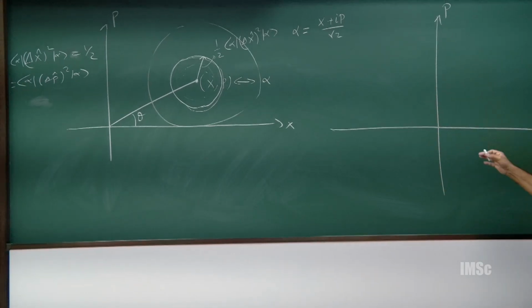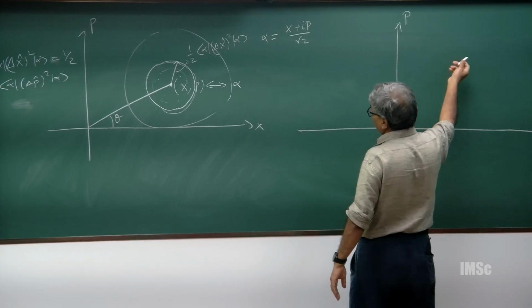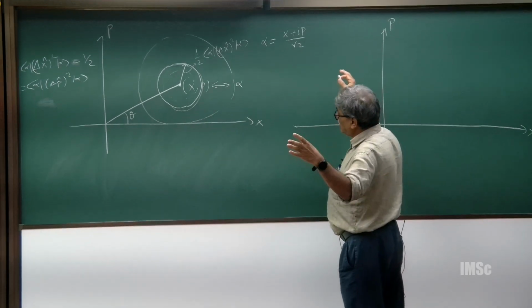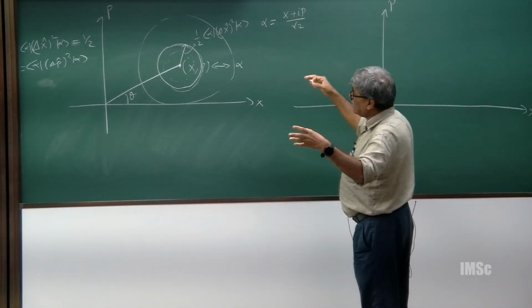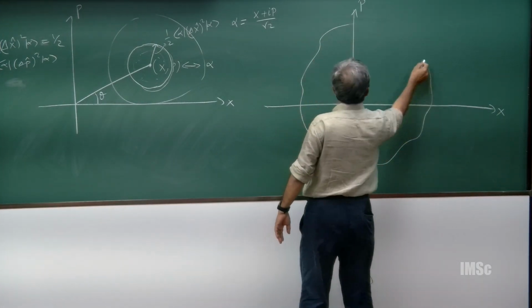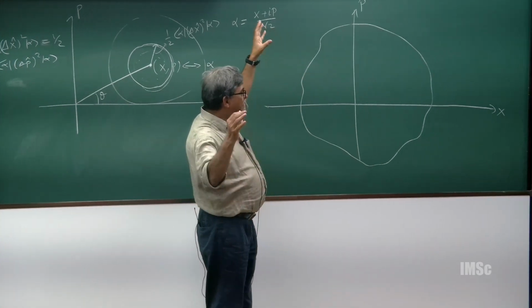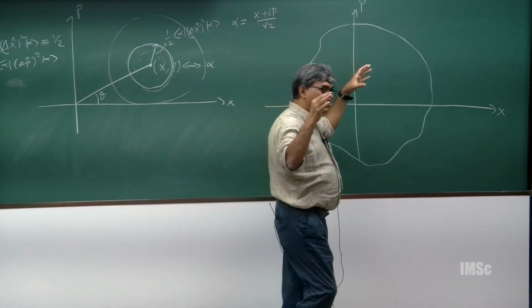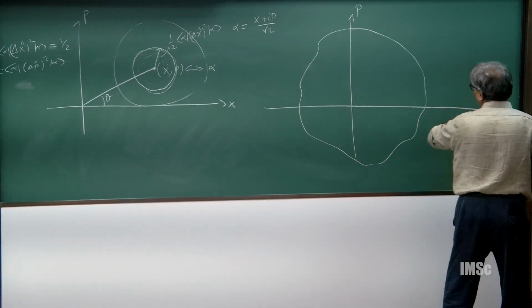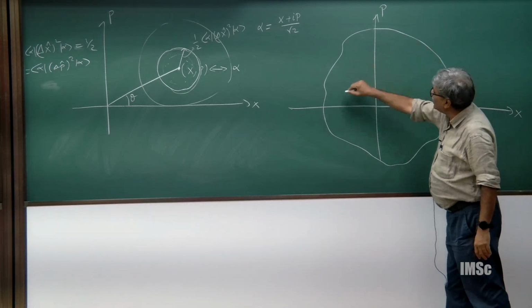Let us say my parameter space is such that it allows possible quadrature values in some region like this. Okay. Let us say I consider a quantum state of light where the quadrature values, if I calculate, will fall under this area.